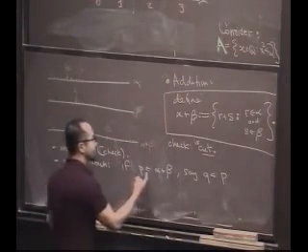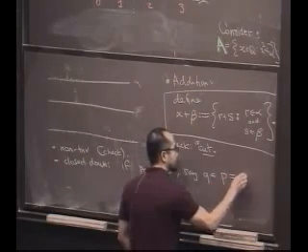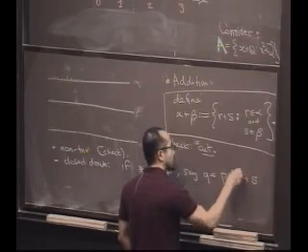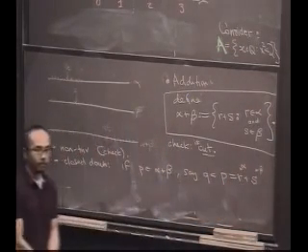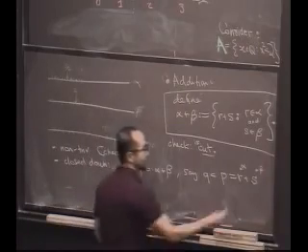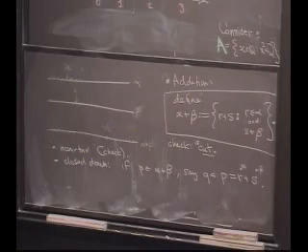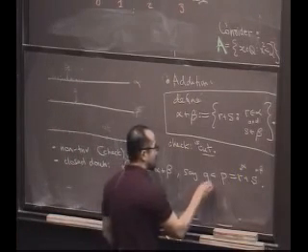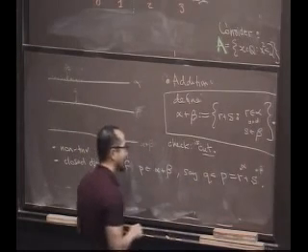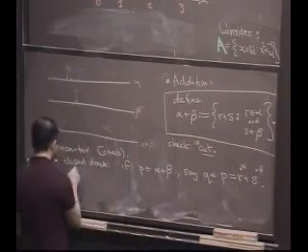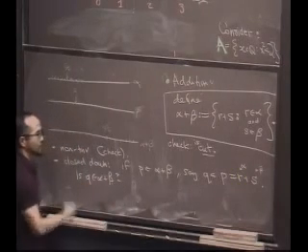Well, if p is in alpha plus beta, would you agree that little p is the sum of two things, R plus S, where R is in alpha and S is in beta? Agree with that? Okay, this is in your book, so you don't need to write it down, but if it helps, just follow. Would you agree, so I'm now looking at Q and I want to know, is Q also in alpha plus beta? Well, what does it mean to show that Q is in alpha plus beta?